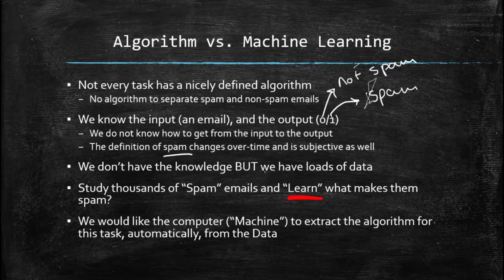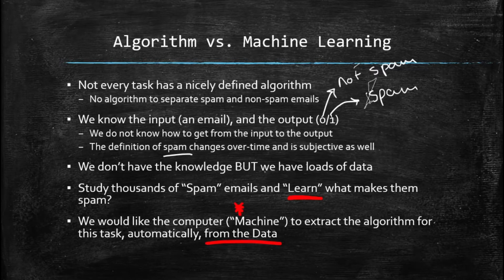There are certain signs in those emails that might be invisible to the naked eye of humans, but there are patterns out there. Basically, you would like your computer or the machine to extract the algorithm for this task automatically from what? From the data.